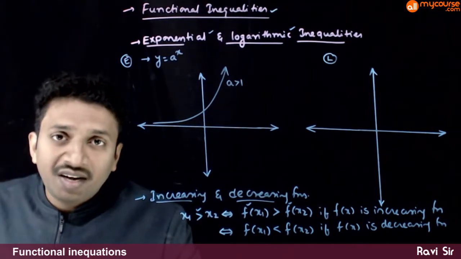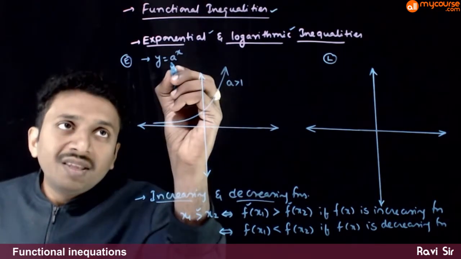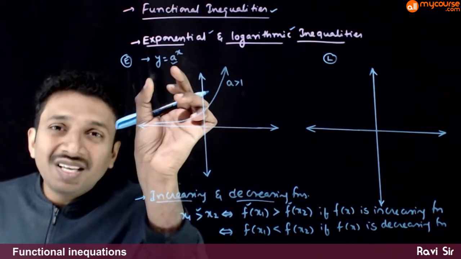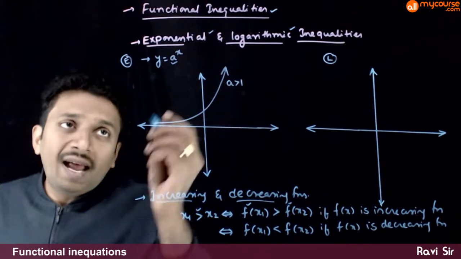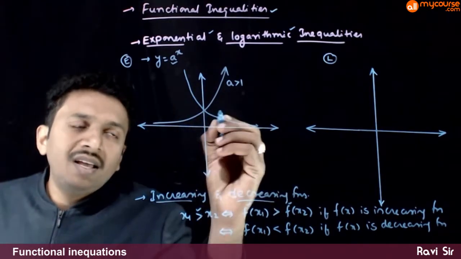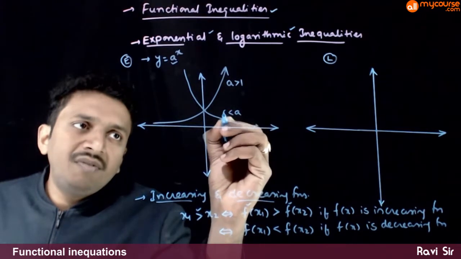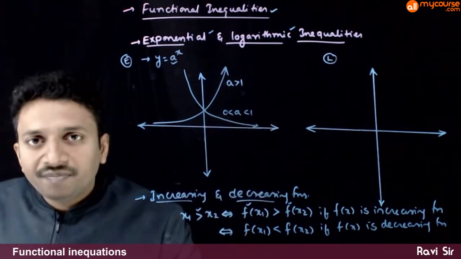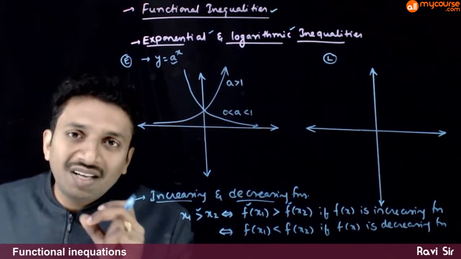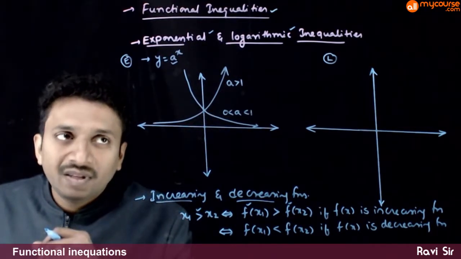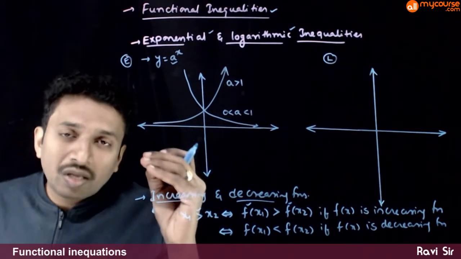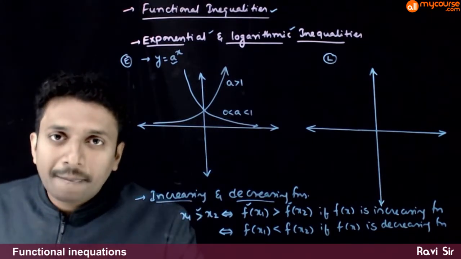If the base is greater than 1, then the function is an increasing function. If a is in between 0 and 1, if a is a fraction, then the exponential function is a decreasing function. You need to remember this. We'll see how to use this concept when we do problems.